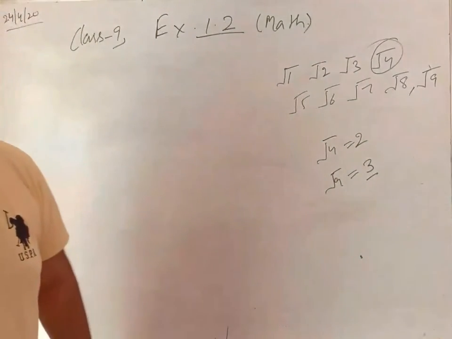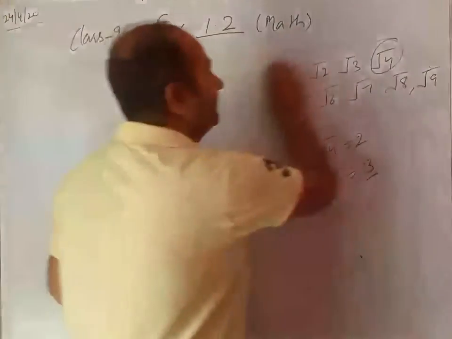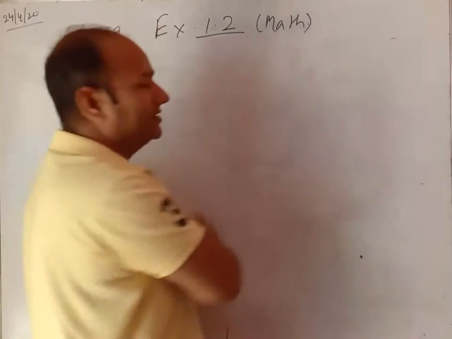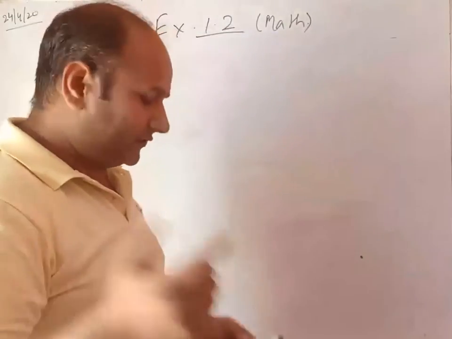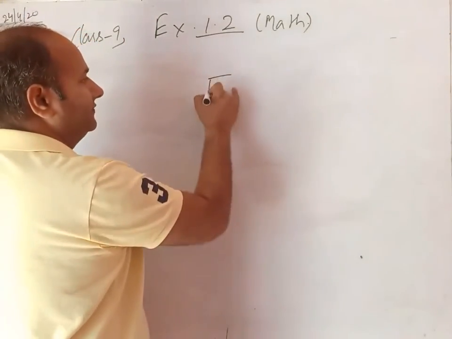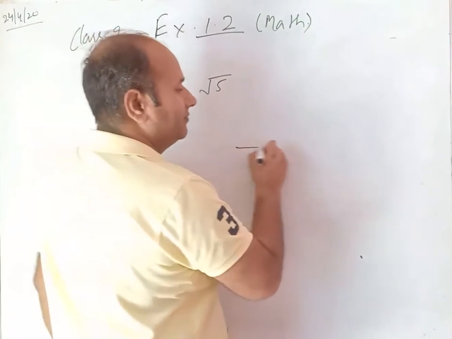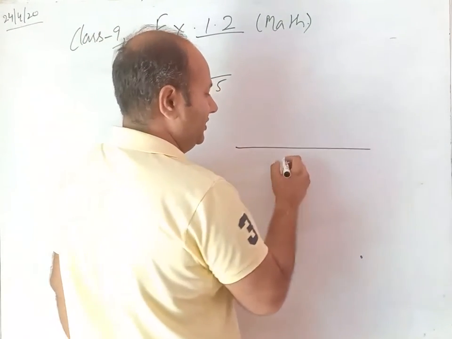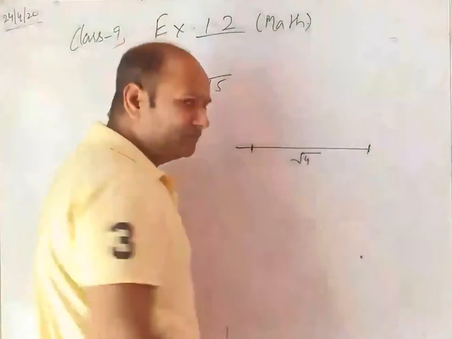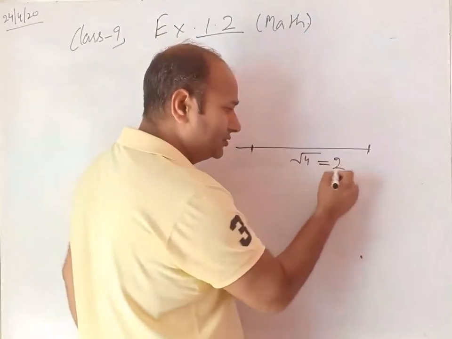Question number 3: represent root 5 on the number line. Very easy. I think I have discussed the same in the introduction part of this chapter. We want to have root 5 on the number line. Root 4 can be said to be 2.